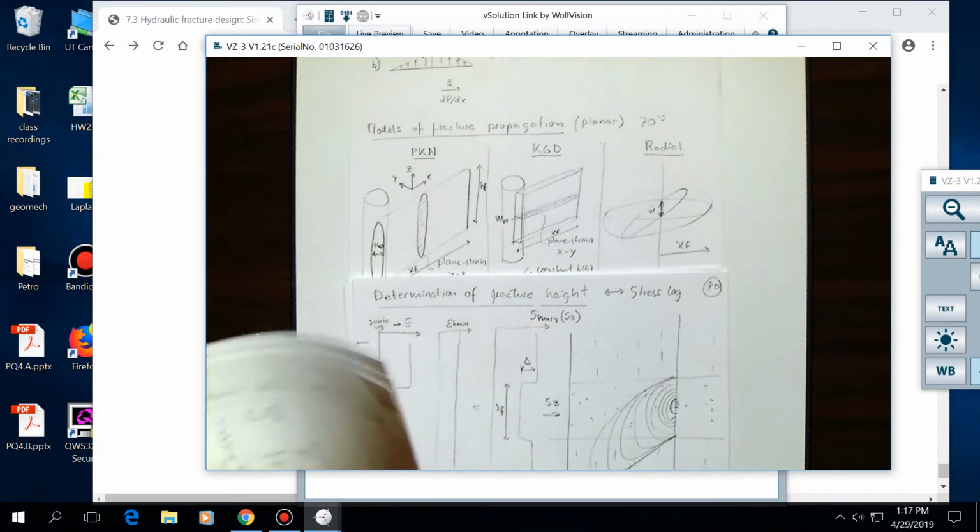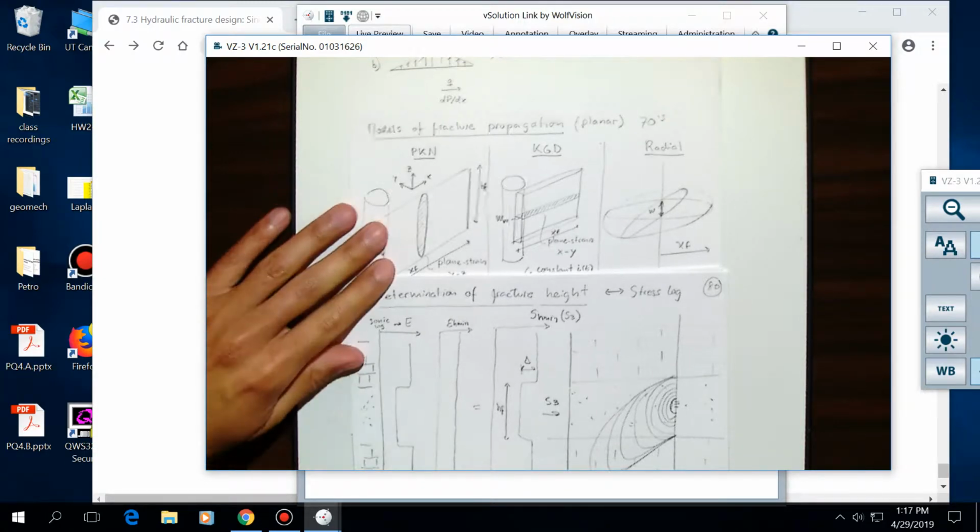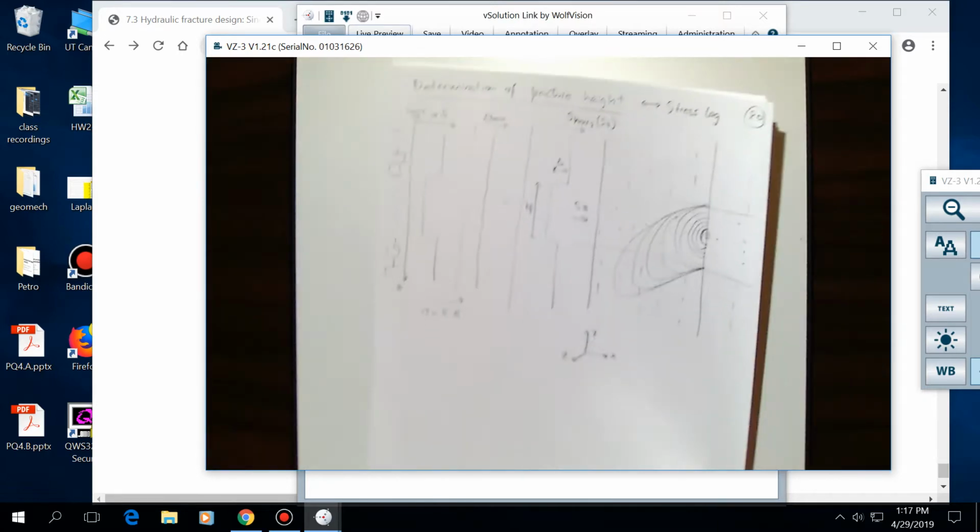That is basically everything that goes into a hydraulic fracture simulator. It's just that, okay?